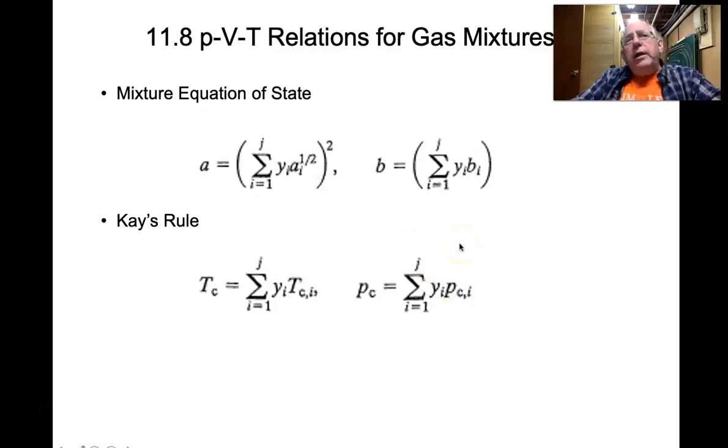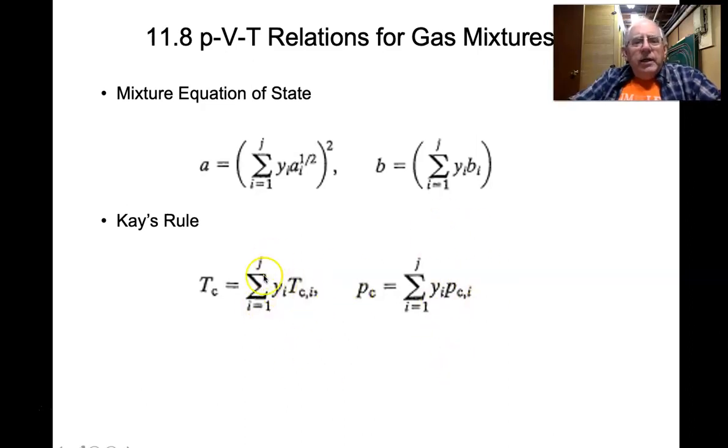Let's say that we were dealing with something like air, which we know is made up of nitrogen and oxygen. Nitrogen and oxygen both, in cryogenic conditions, have a dome, and they have a critical pressure and a critical temperature.